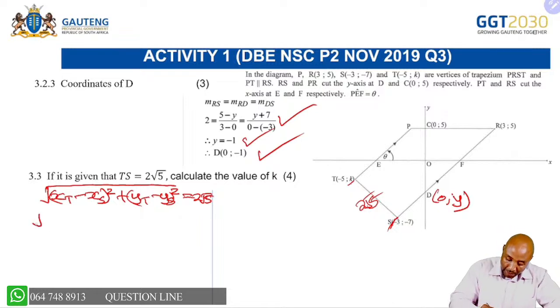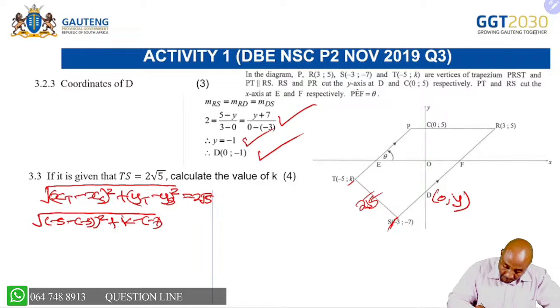Then I'll do the substitution. It will give us x at T, it's negative 5, minus negative 3, and we are squaring this, plus y at T, we don't know it, it's k, minus negative 7. We square this under the square root is equal to 2 square root 5.